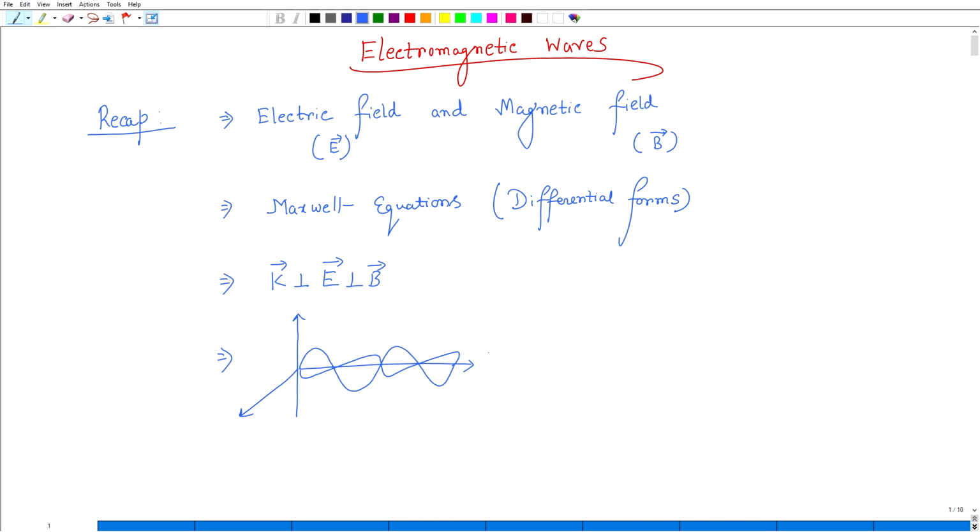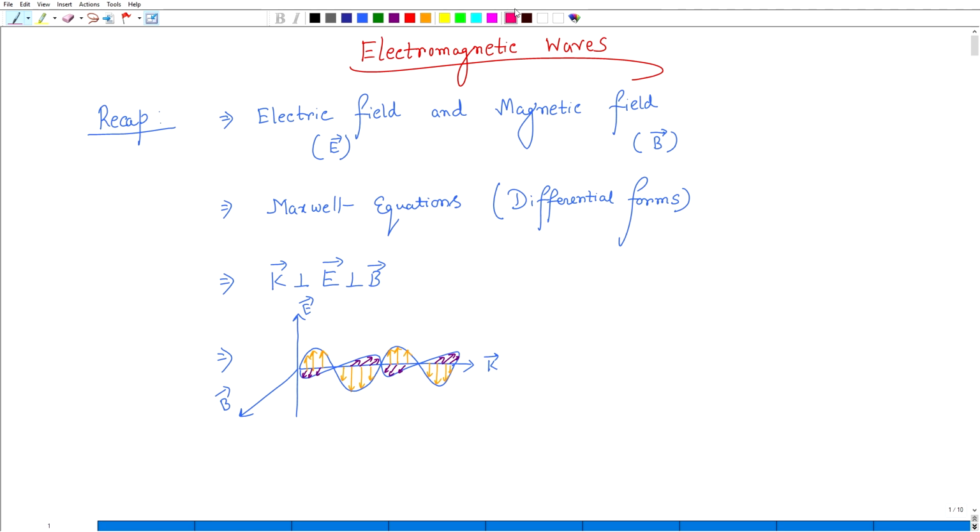Here this is the direction of k vector, B vector and E vector. Let me just recolor it. Okay. So, this is our electromagnetic wave. So, we discussed these things in the last class.